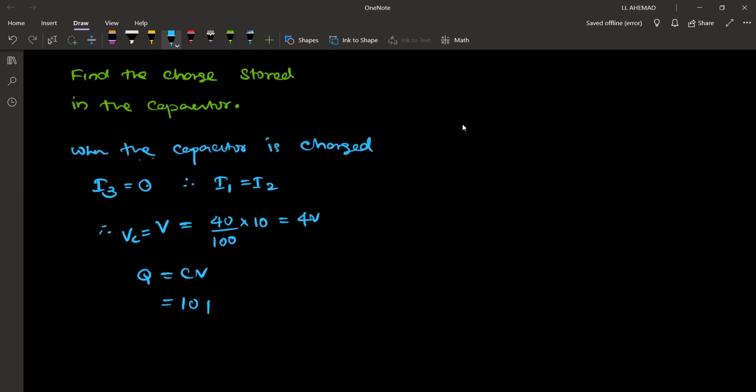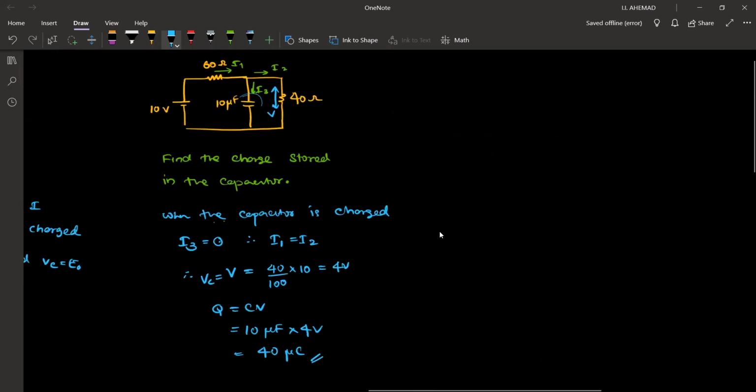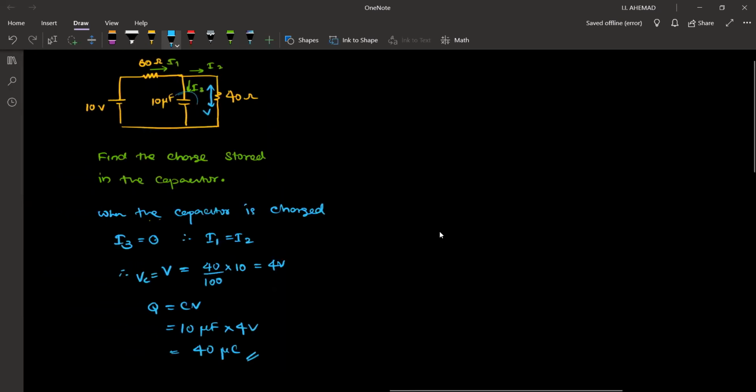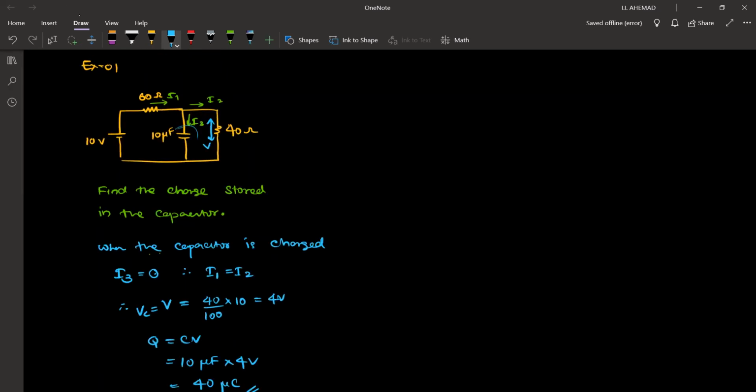C is 10 microfarad and voltage is 4 volts. Therefore, 40 microcoulomb. Is this idea clear? Okay, note it down.